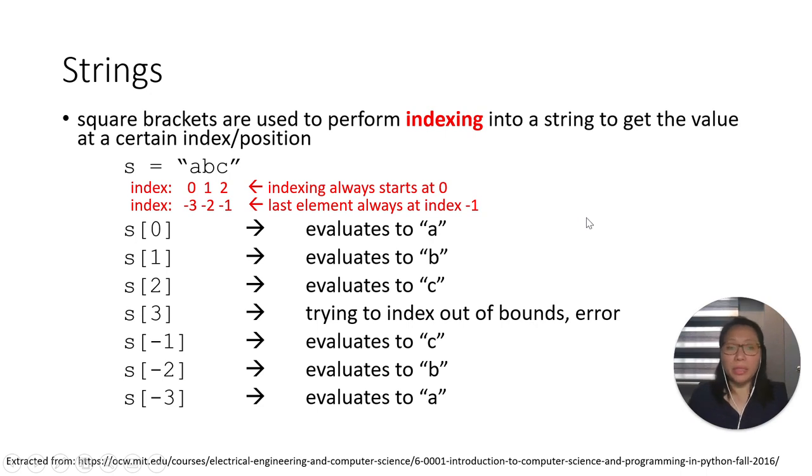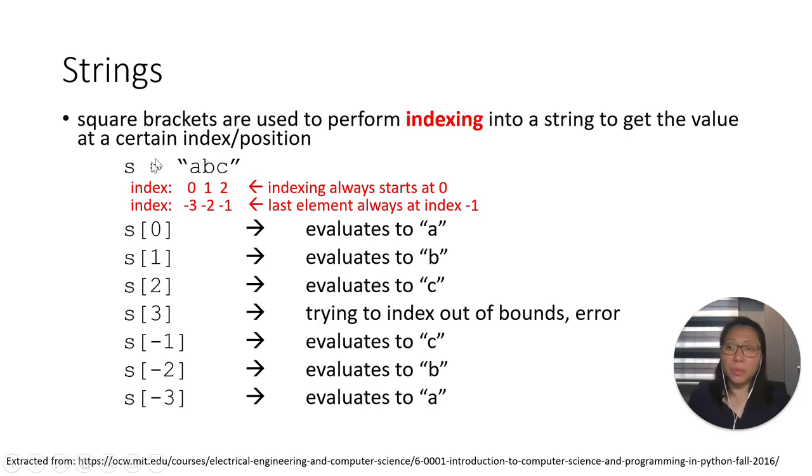We can get the value at a certain position, or index, in the string. We can do that using indexing, and in Python we use square brackets to access an element or a character in the string.